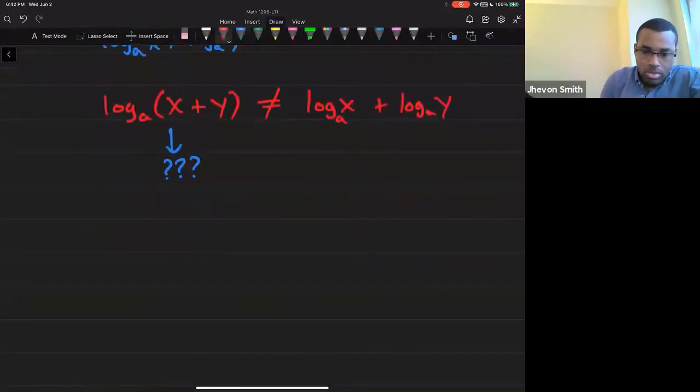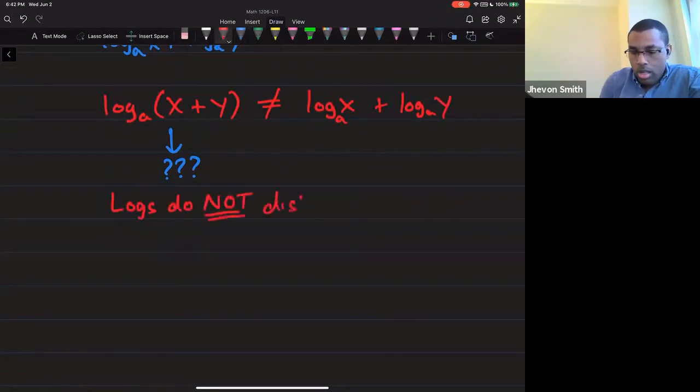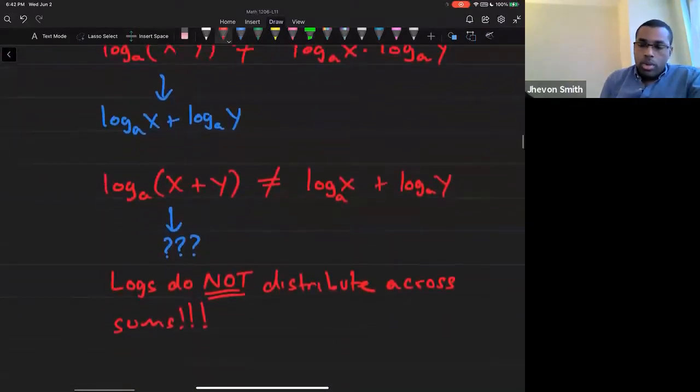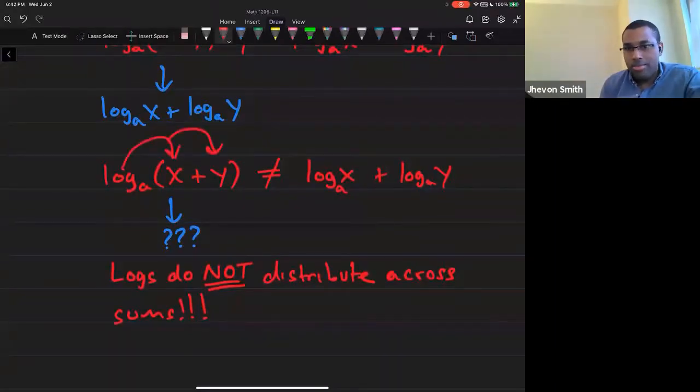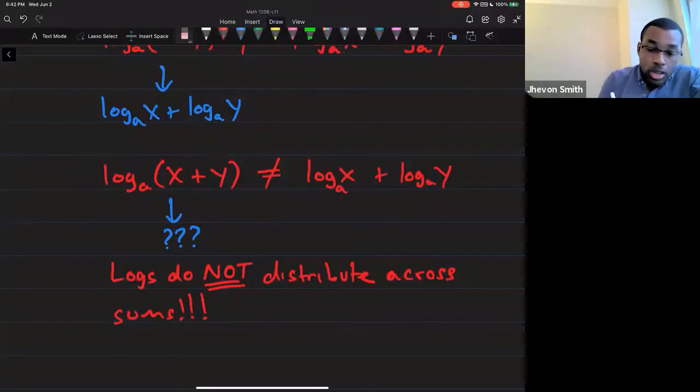So yeah, logs do not distribute across sums. So resist the urge to kind of, I can just distribute this, yeah? No, you can't. It's not legal. If it were legal, I would have told you.